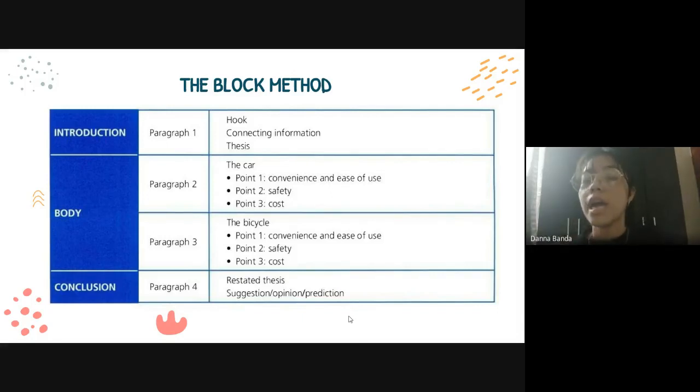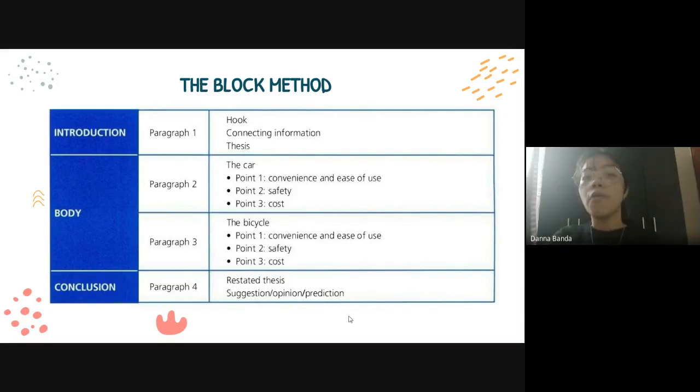Now, some examples again for a restated thesis. For similarities: in sum, cars and bicycles are obviously rather similar. You see that here I use in sum to show that that is the end of the essay, and also you should use the word similar again.